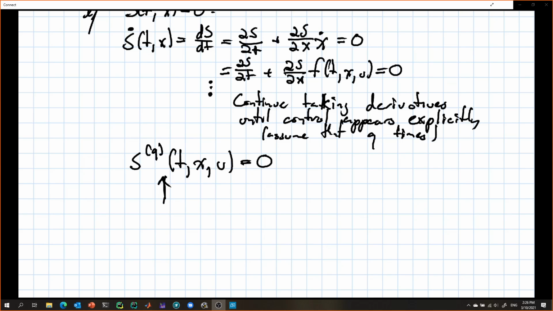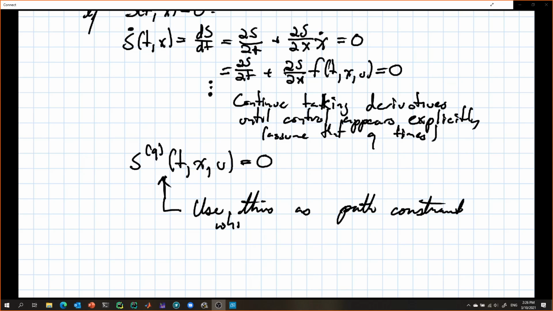And then this is actually what we use as our constraint. So we're going to use that as a path constraint, which is adjoined. So we could use this in place of the previous problem formulation.